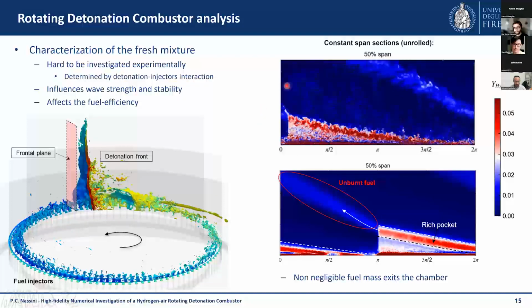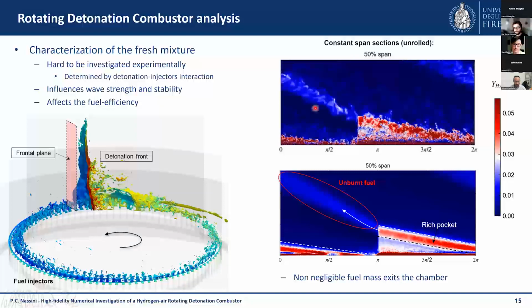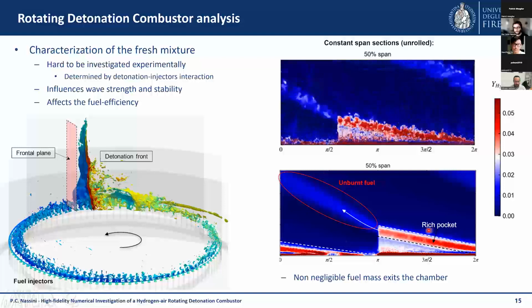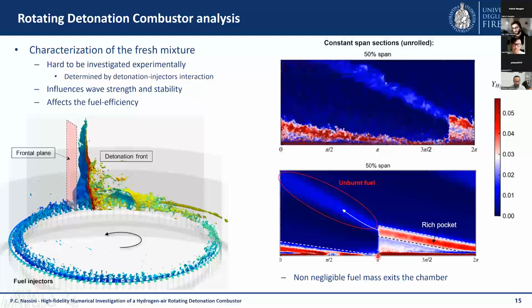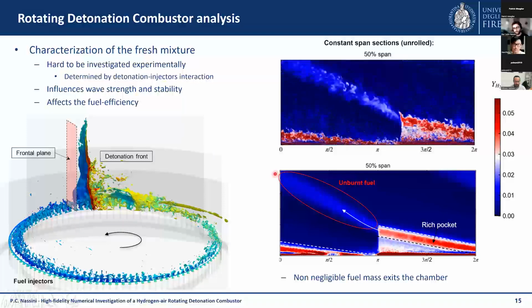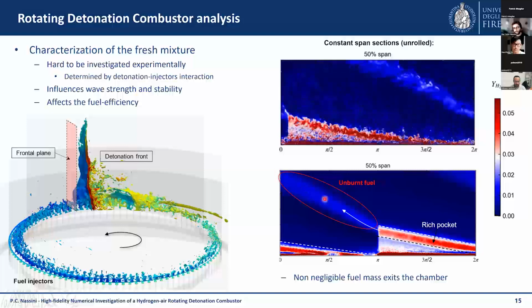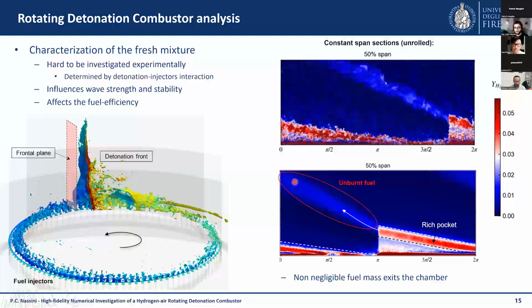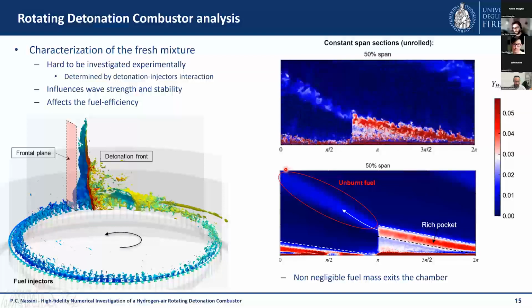As you can see here, this is the hydrogen mass fraction. This is of course the steady flow field, the average inside the reference frame of the detonation wave. And as you can see here, right after the oblique shock and the slip line, we can see a very consistent mass of hydrogen which is exiting the combustion chamber.